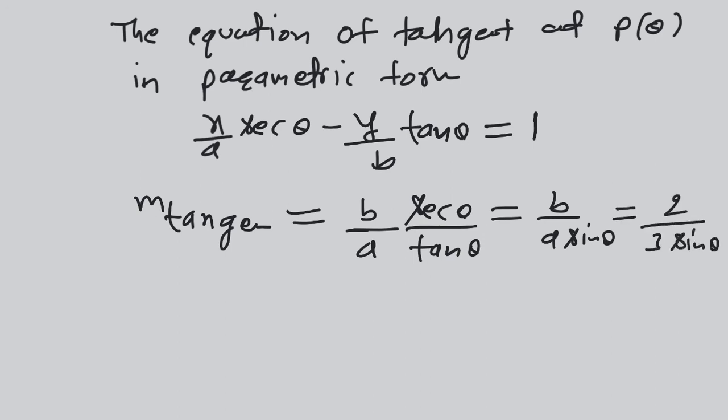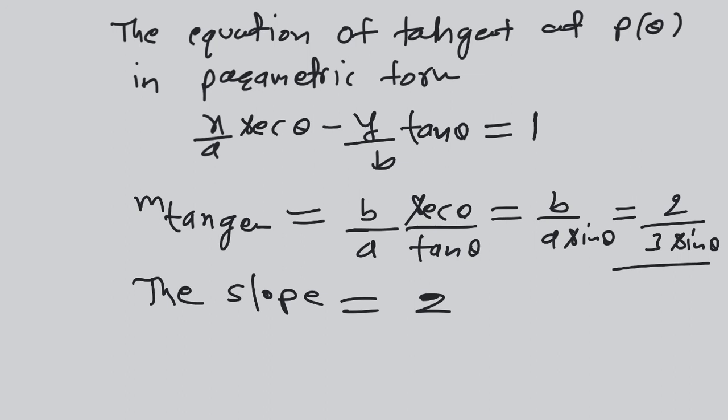And the slope of the given tangent is also given. The tangent is 2x minus y equals 1, so its slope is 2.